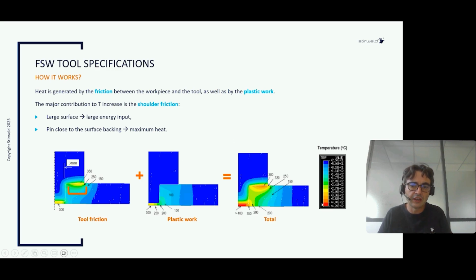But what is interesting is that about 70% of the heat generation comes from the tool friction and about 30% from the plastic work. So it's not only due to friction. The main part is friction, but 30% comes from plastic work. And the second learning is that the optimum temperature for good stirring is about 400 degrees C. That is very important for the rest of my presentation.